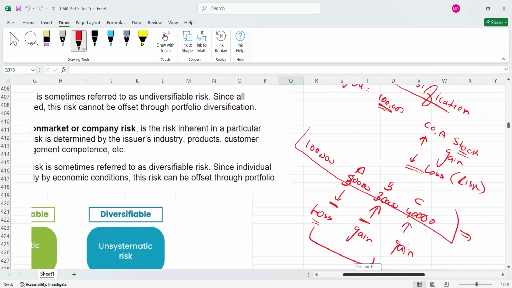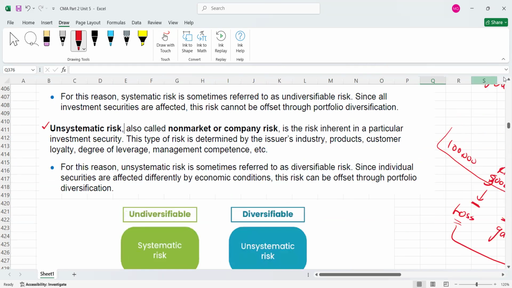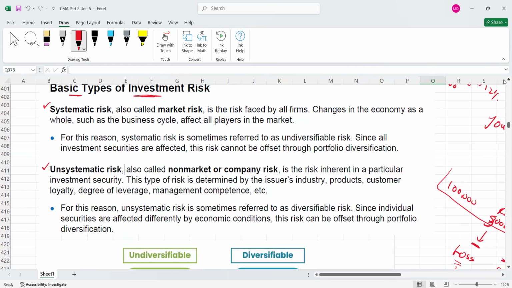Now we will understand these two types of investment risk. One is called, guys, systematic risk. Please remember, I will quote examples also. First of all, remember, systematic risk is also called market risk. This is the risk which is faced by all firms. Let me give you an example.